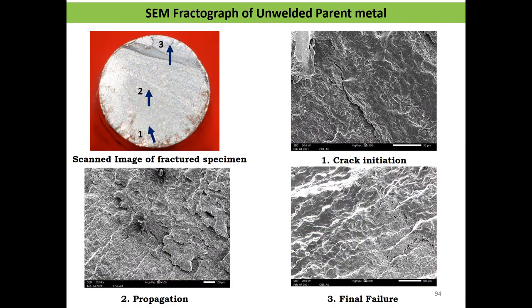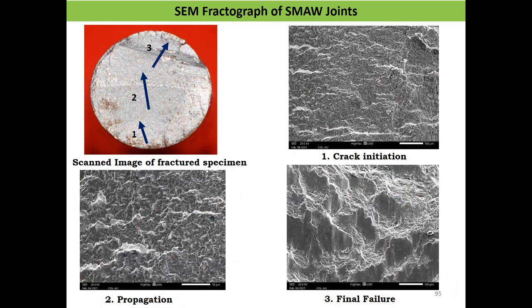This is a scanned image of a fractured specimen. The marks 1, 2, 3 show the crack initiation and crack propagation, and the third one is the final failure. This is the fractograph of the SMAW joint, a scanned image of the fractured specimen.